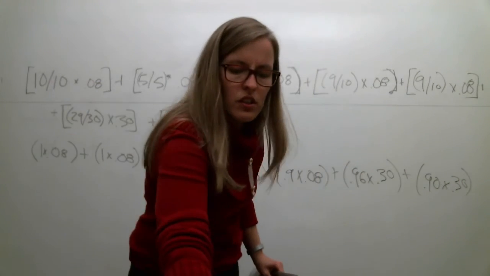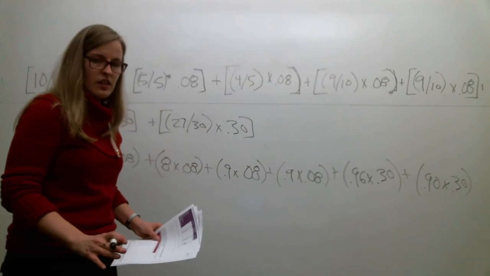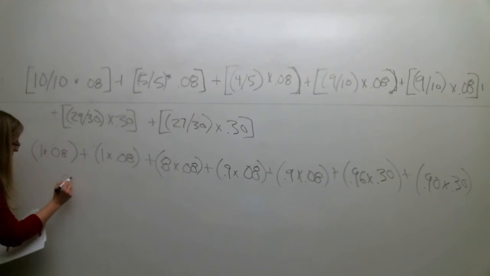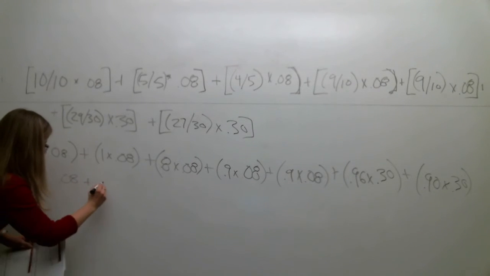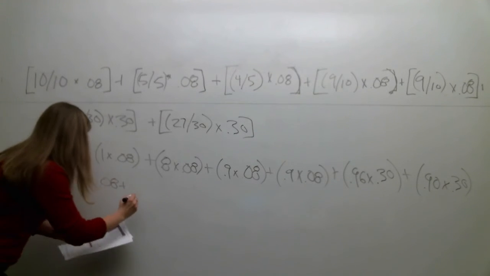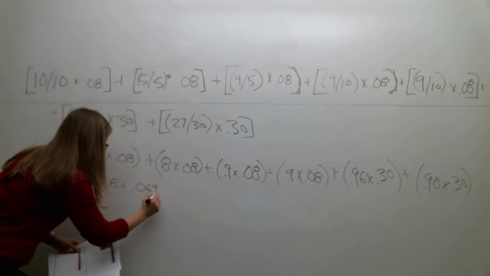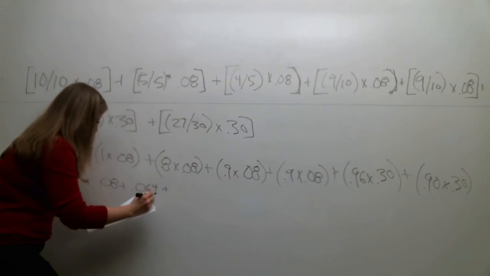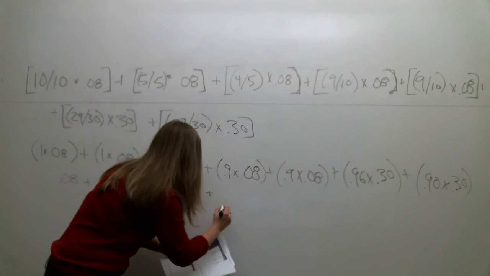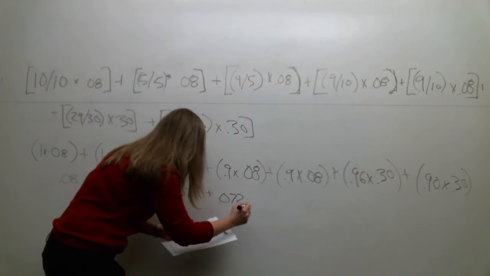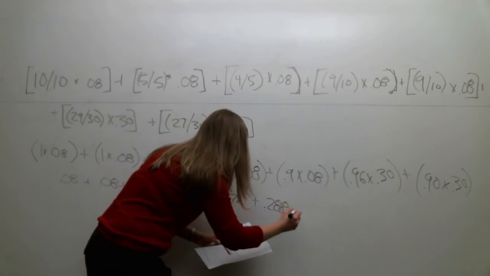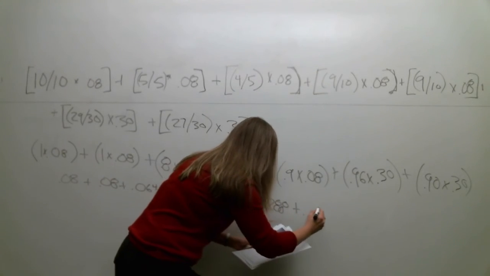So now I'm getting closer. I'm starting to see how this is shaking out. Now I just have to simplify these and solve for them. 0.08, 0.08, 0.064, 0.072, 0.072, 0.288, that's the persuasive essay, and 0.27.